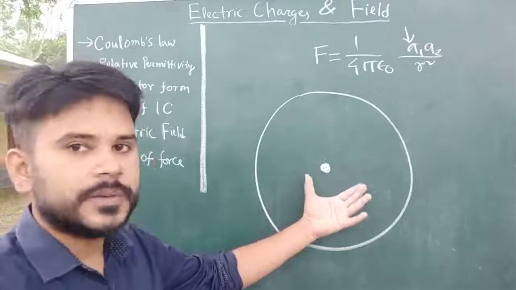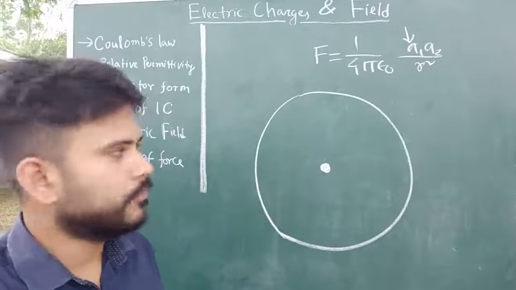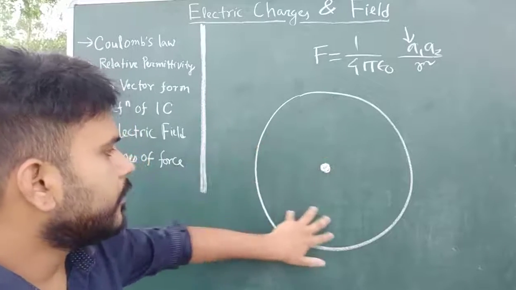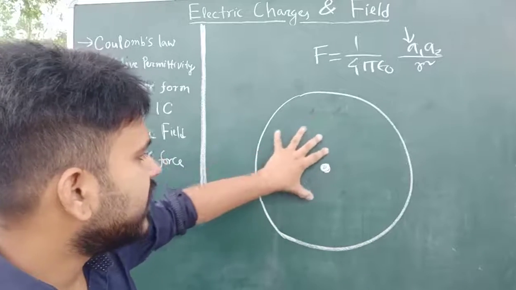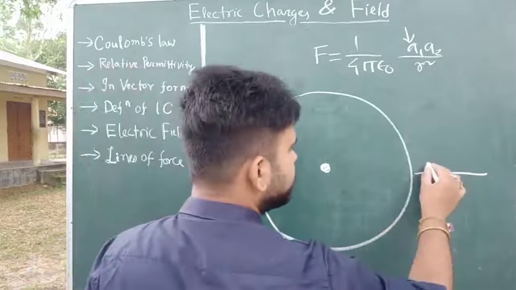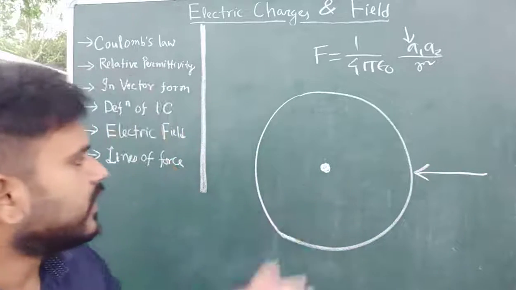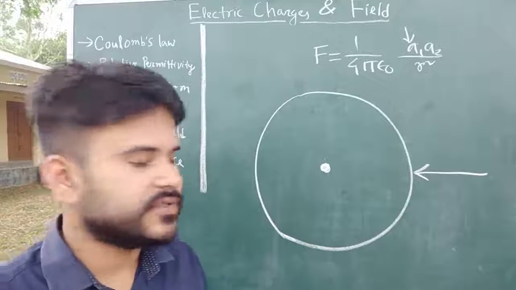Suppose this represents a king of a kingdom and this area belongs to him. If some intruders enter inside this area, then the king will influence the intruders.